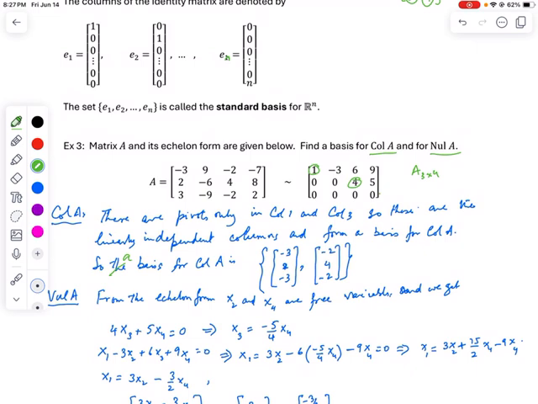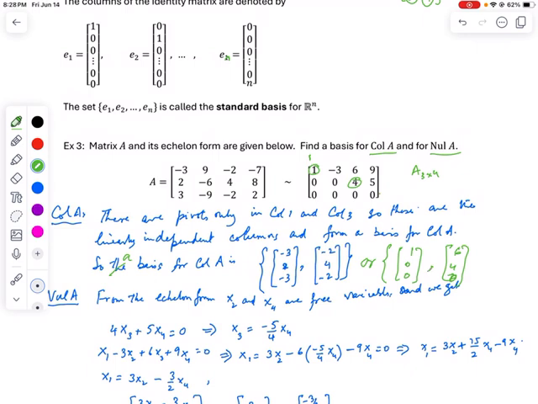And what are these? These are just the columns of A I'm picking. Now we could also pick the columns of the echelon form. Those also form a basis for the column space of A. Or maybe I should write it, 1 0 0, 6 4 0.